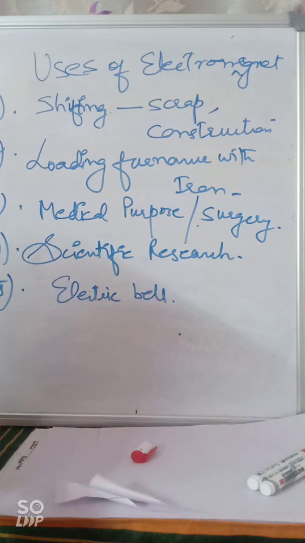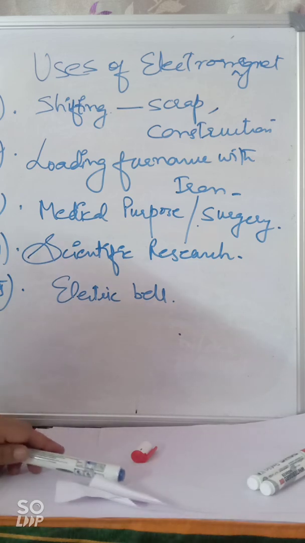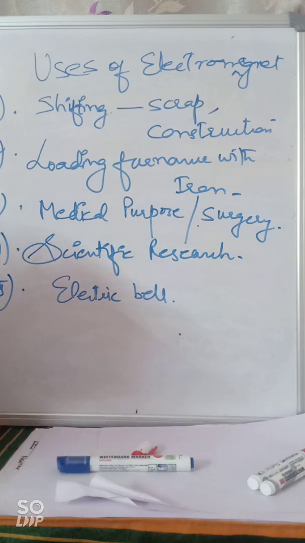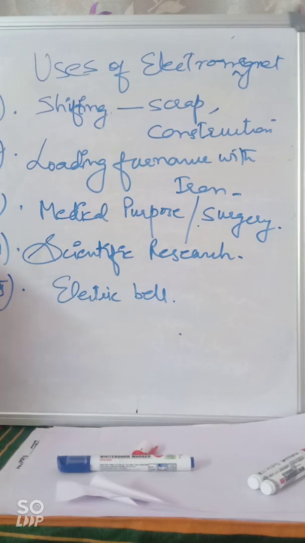Sometimes they ask you specifically about the use of the electric bell, and they ask why a soft iron piece is used. Soft iron is used as an electromagnet because of its retentivity. It has a tendency to get magnetized and demagnetized quickly, which makes it a good choice for an electromagnet, right?